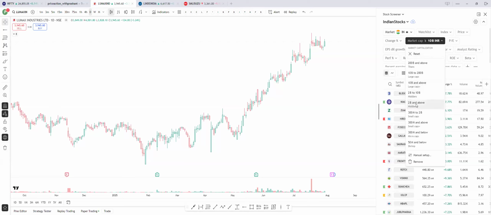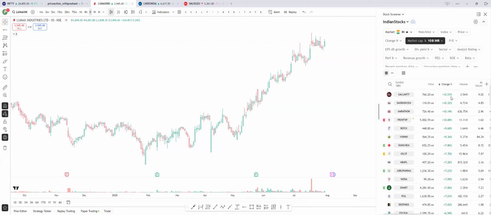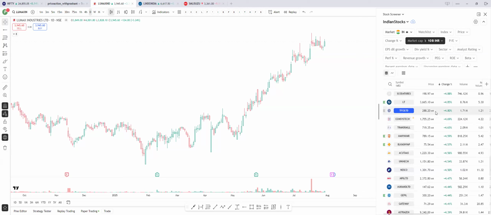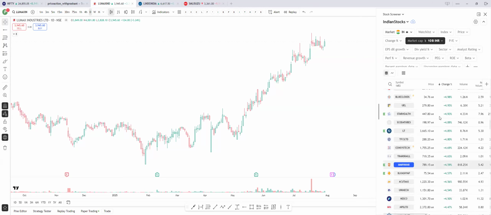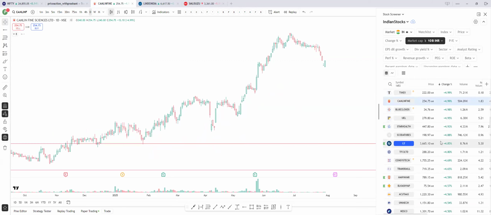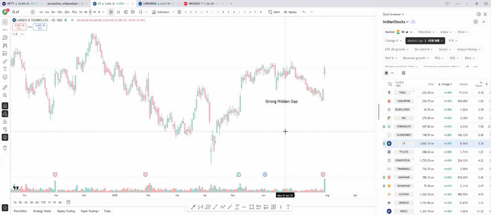You can use 2 billion and above if you want, that is also fine. But I use 10 billion and above. So this way I get a lot of stocks here. And when we click here on any stock name, the chart opens automatically. Yes, sir. Thank you.